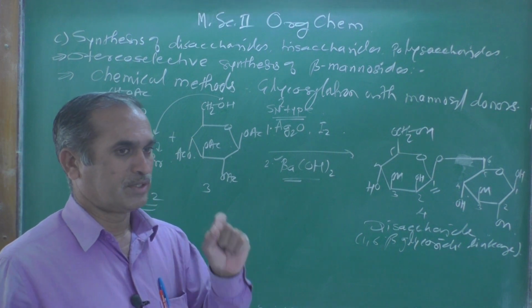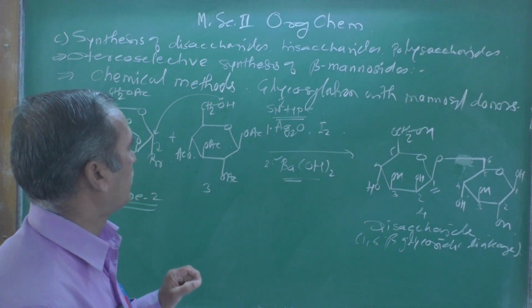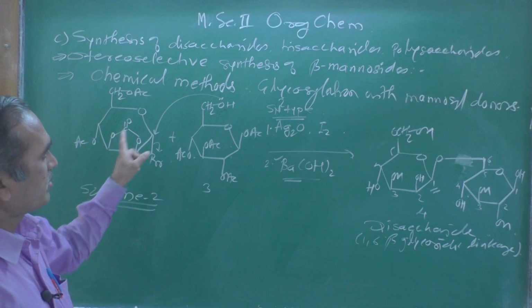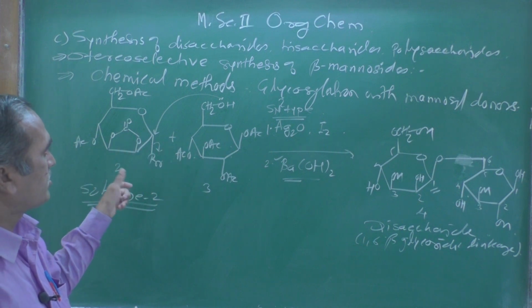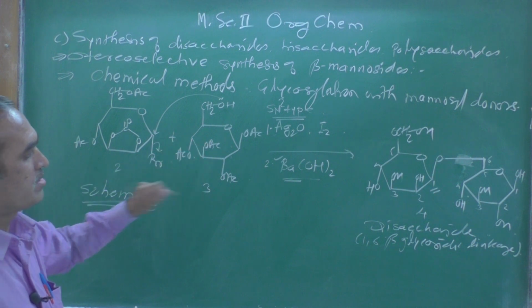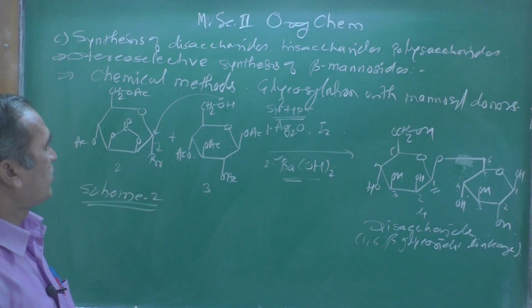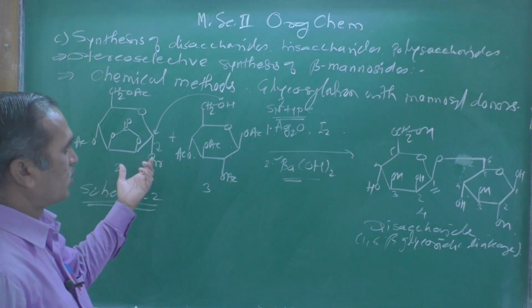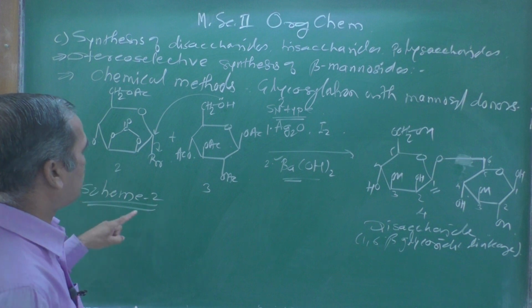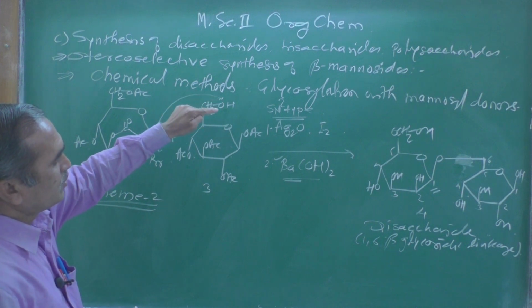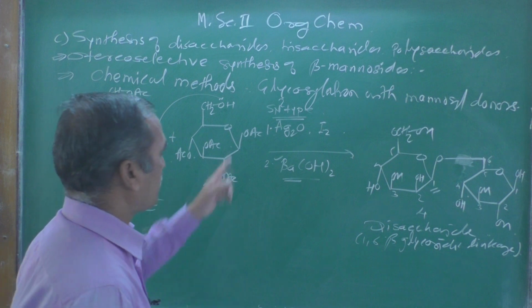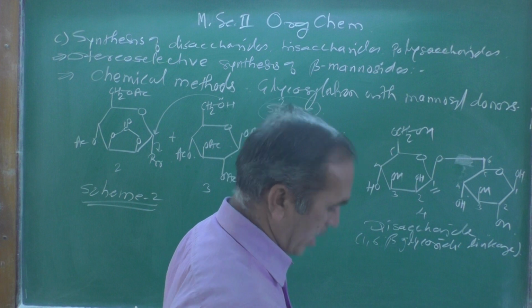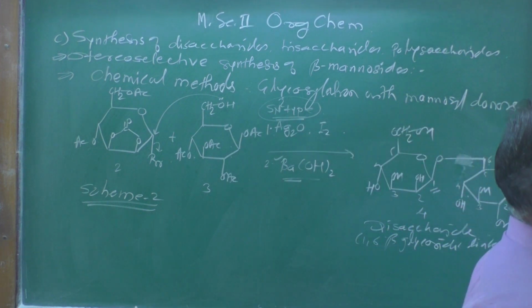The main noteworthy point you should remember here: this is one of the starting materials. One acts as an electrophile, one acts as a nucleophile. This one you can call the donor, and it can act as an acceptor. The nucleophile attacks in a reaction similar to the SN2 type.